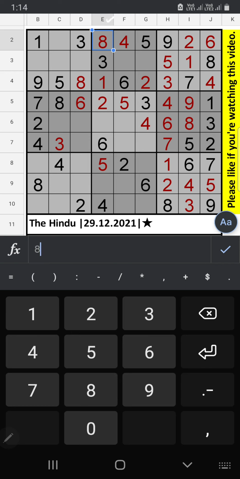Column E, two numbers are remaining, 7 and 9. 7 and 9 will come in both cells. We'll confirm later.